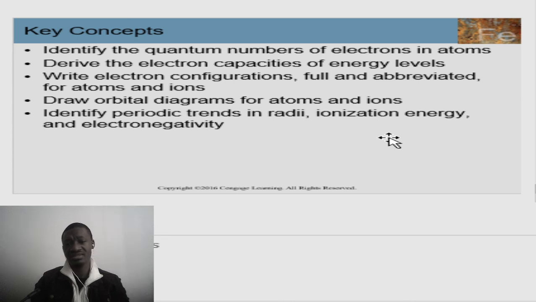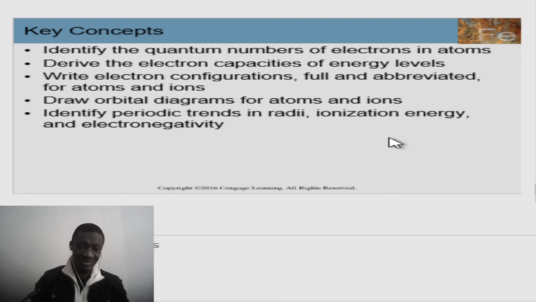Notice that we have looked at what the quantum numbers are in part 1. We saw how we derive the electron capacities of the energy levels, all in part 1. And I think we looked at the electron configuration, and how to write some of this in part 1, and we talked about it in part 2. And then we saw the orbitals, how to draw them, or what they look like, and then the electron atoms and then ions.